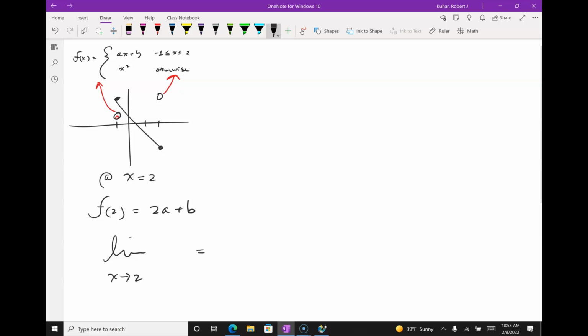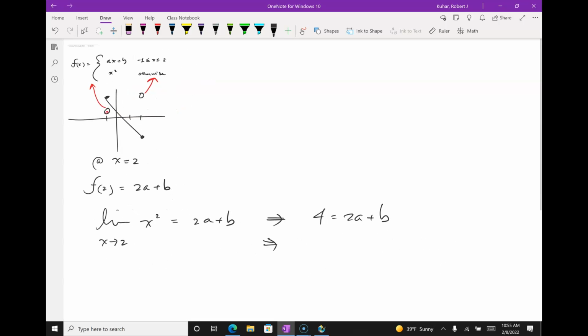I'm using the first function when I'm at 2. What function do I use when I'm getting close to 2? X squared. So the limit of x squared should be 2a plus b. So what do I get there? What's the limit of x squared? 4. So 4 equals 2a plus b, and I can leave it like that. 4 equals 2a plus b is fine.